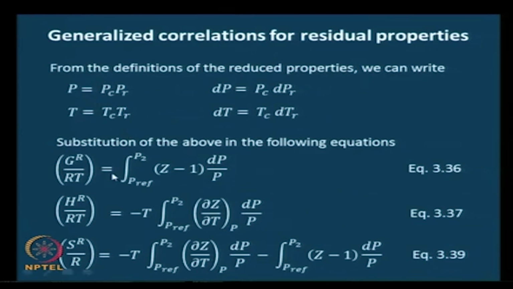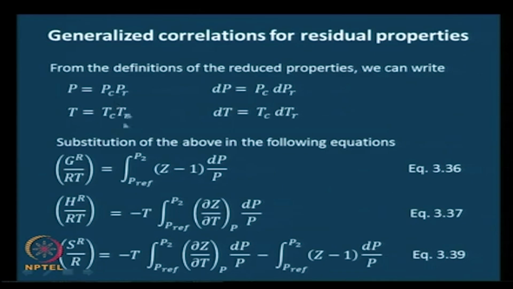And towards the end of the class I had said if you can substitute these expressions into equations 336, 337 and 339 and develop the correlations, it will be better, you would understand where it comes from.